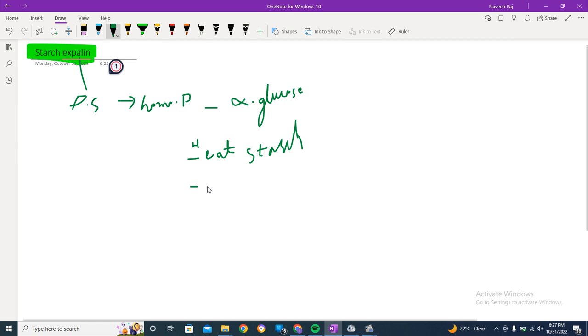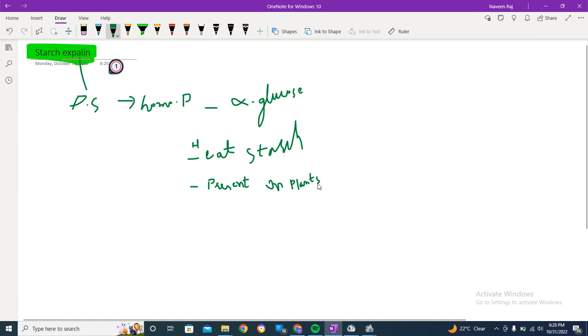But right now, starch is present in plants. It acts as a source of carbohydrate for us, and it is present in our foodstuff.